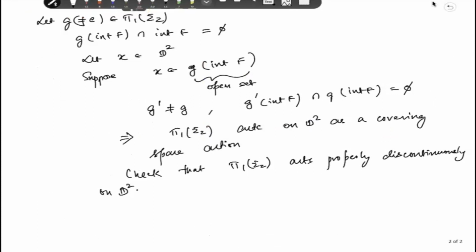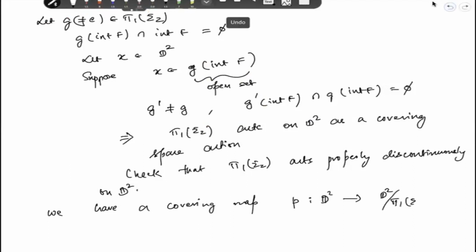So we have a covering map pi from this unit disk model to the quotient space, which is again homeomorphic to sigma 2.